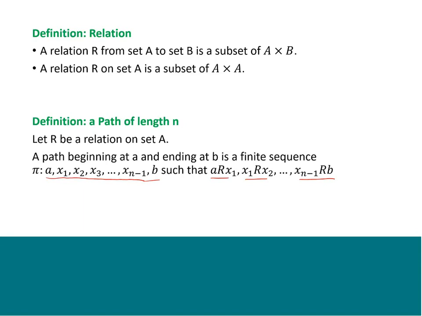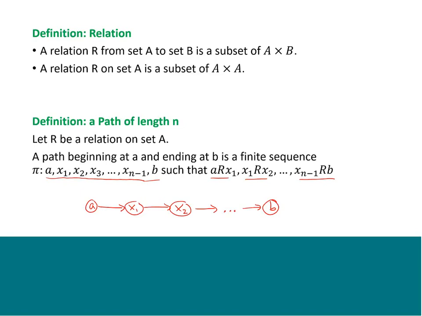Now, last time we talked about digraphs, so if we did this in terms of a digraph, you'd start off and you'd have your element A, you'd have some arrow to your element x1, you'd have some arrow to your element x2, and you keep continuing until you get to the very last guy, you ended at B. And technically last time we didn't worry about if we use the same vertex more than once or not, or if we went over the same arrow more than once.